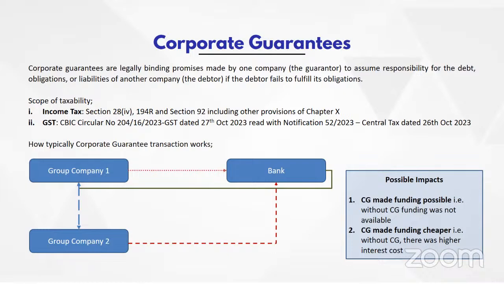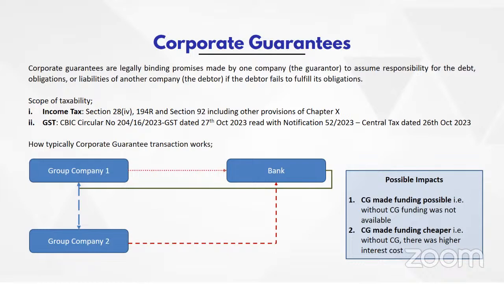The second case is wherein, because of the corporate guarantee, the interest rates are reduced or come down. In most cases, and globally, it has been accepted that there is a benefit to company one. In the example we took, the initial interest rate of 15% comes down from 15 to 12 after the corporate guarantee.